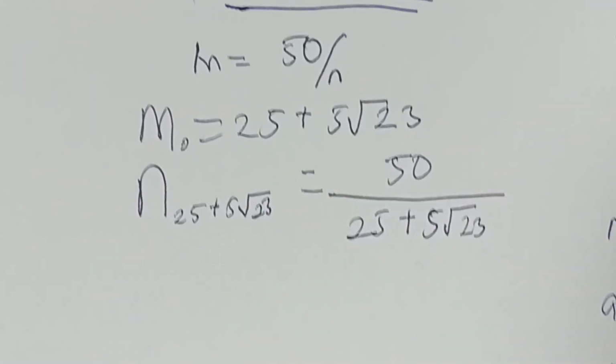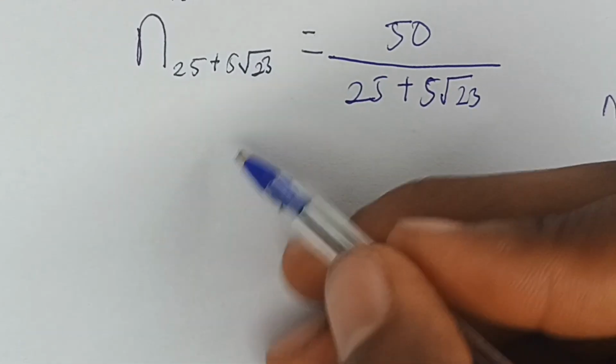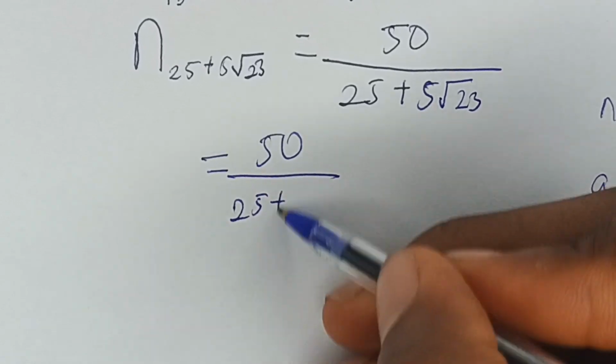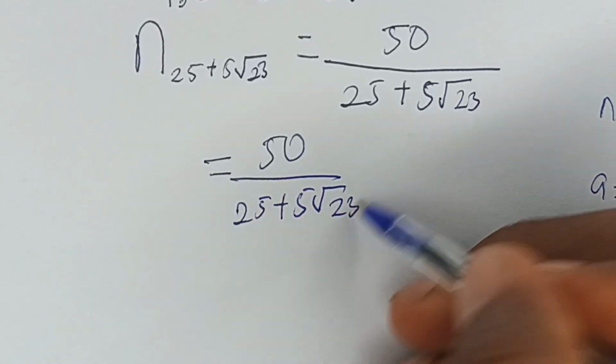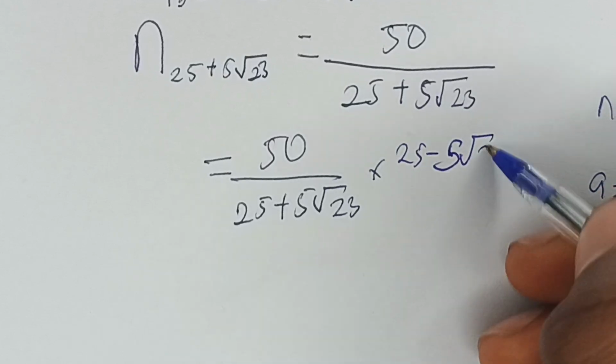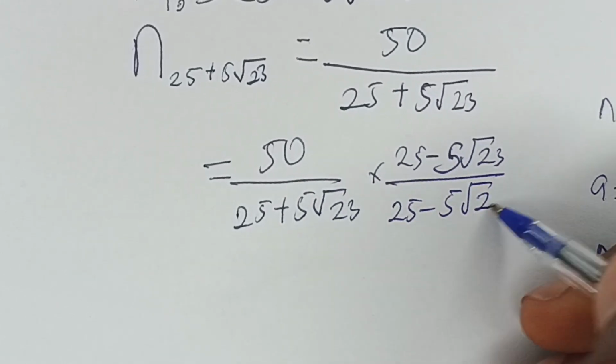Now recall that when you have a surd in the denominator, you rationalize the denominator. So this will become equal to 50 divided by 25 plus 5 root 23, times 25 minus 5 root 23 all over 25 minus 5 root 23.